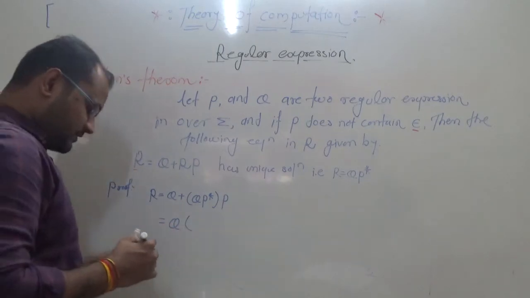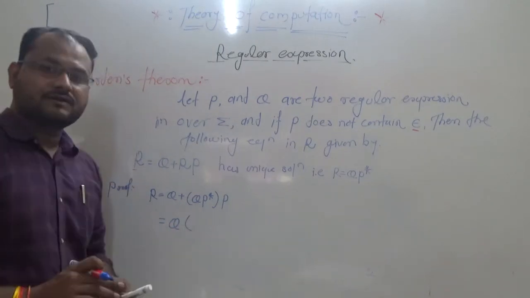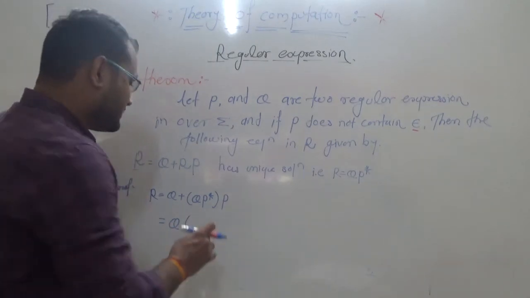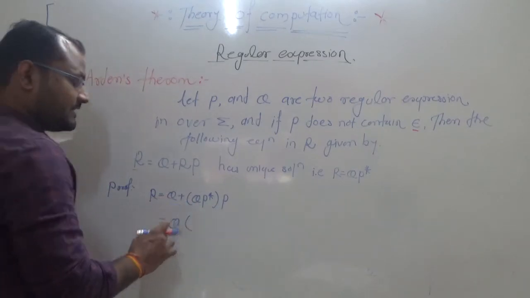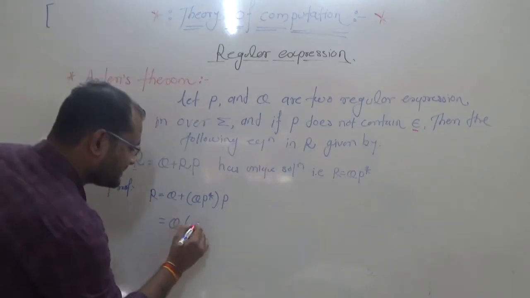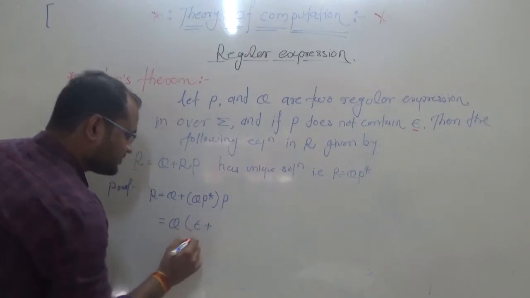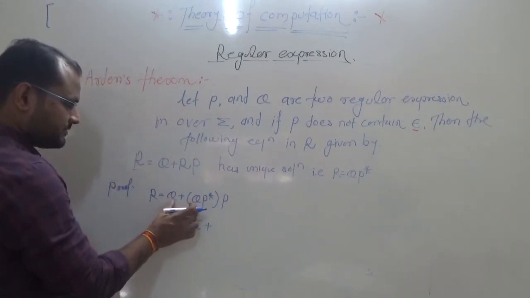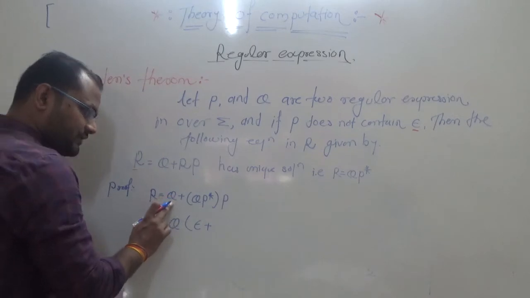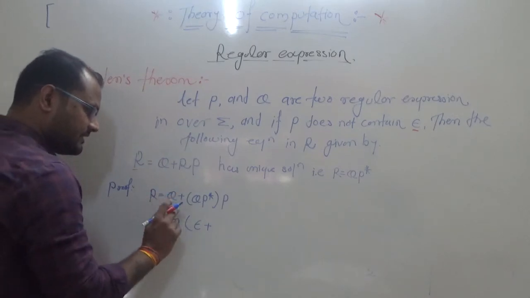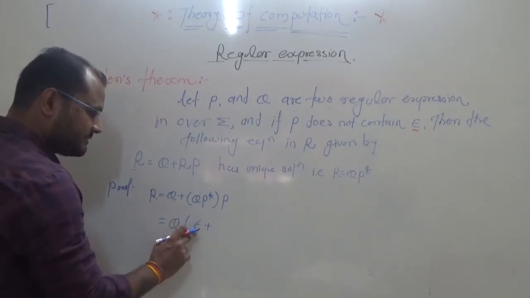When we take a common factor from a mathematical expression, the replacement is 1, but here we are not taking a 1, we use epsilon. So taking Q common, this is not a 1, this is an epsilon: epsilon plus P*P.